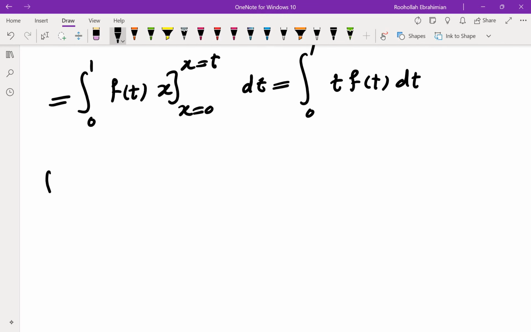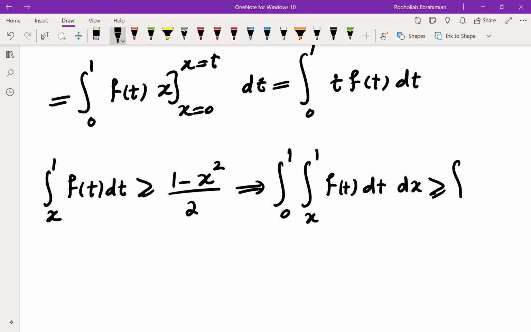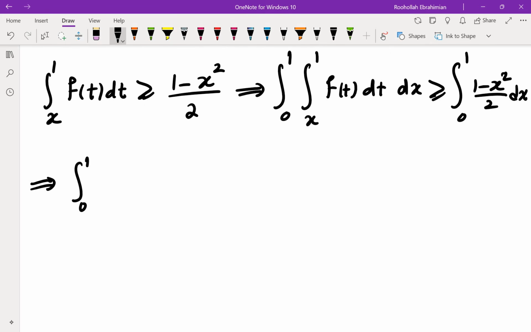Okay, so now how do we actually solve the problem? Let's start with the inequality that we were given. We were given that this integral is greater than or equal to 1 minus x squared over 2 for every x. We are going to integrate both sides, so we get the integral from 0 to 1 of the integral from x to 1 of f of t dt dx is greater than or equal to the integral from 0 to 1 of 1 minus x squared over 2 dx. Now we showed that the left hand side is exactly the integral from 0 to 1 of t f of t dt.